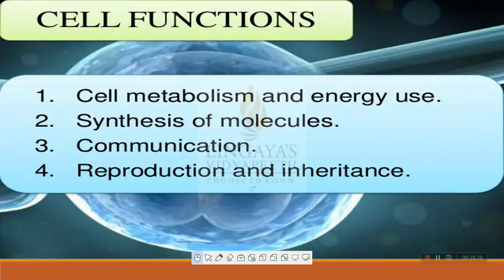Now, there are many other functions also that are performed by the cell, such as they provide structure for the body, they take in food, take nutrients from the food, convert those nutrients into energy and carry out specialized functions. The cell also contains the body's hereditary material, as I told you, and it can make several copies of itself.